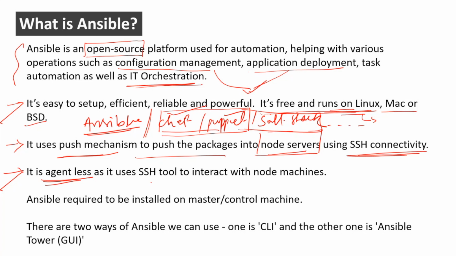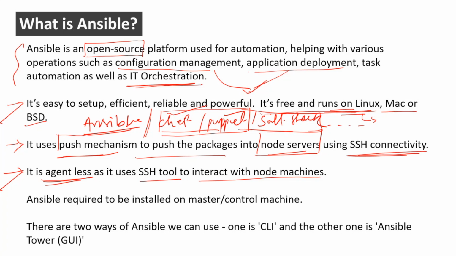It uses the SSH tool to interact with the node machines. That's why Ansible is agentless, and it uses the push mechanism. Whenever it does configuration or any deployment, it will directly push the packages to the respective node machines.